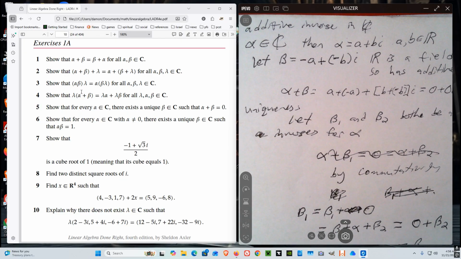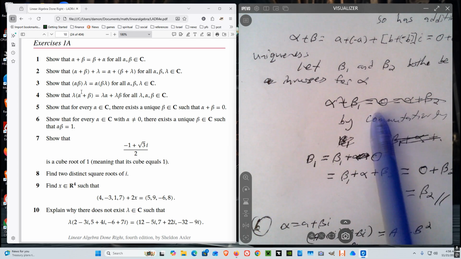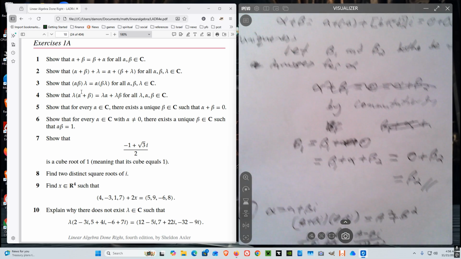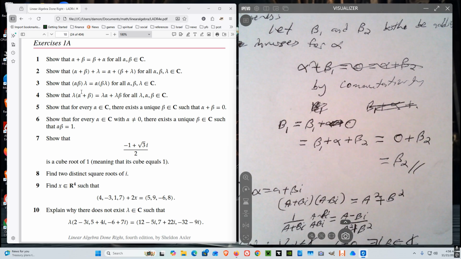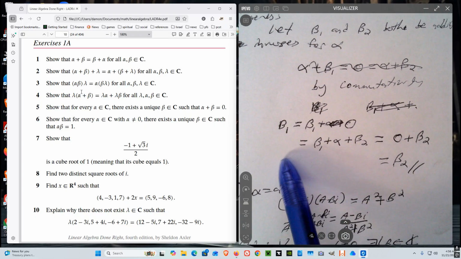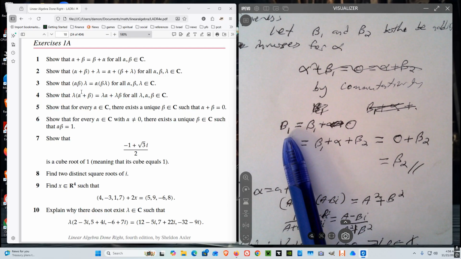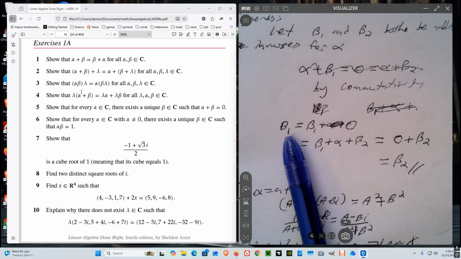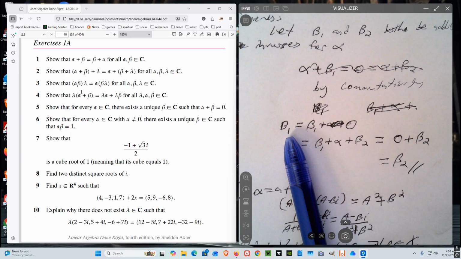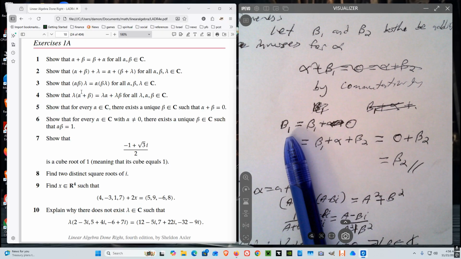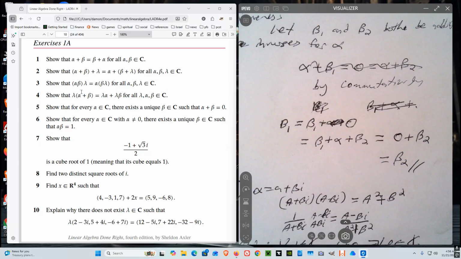Now for uniqueness, obviously I started to do something and it wasn't what I was happy with. So then, during my lunch, I did this: let's say we have two different additive inverses, beta 1 and beta 2. So alpha plus beta 1 equals 0, and alpha plus beta 2 equals 0.